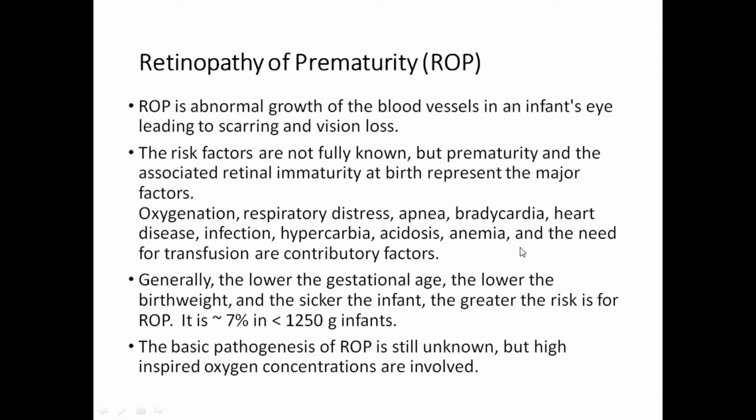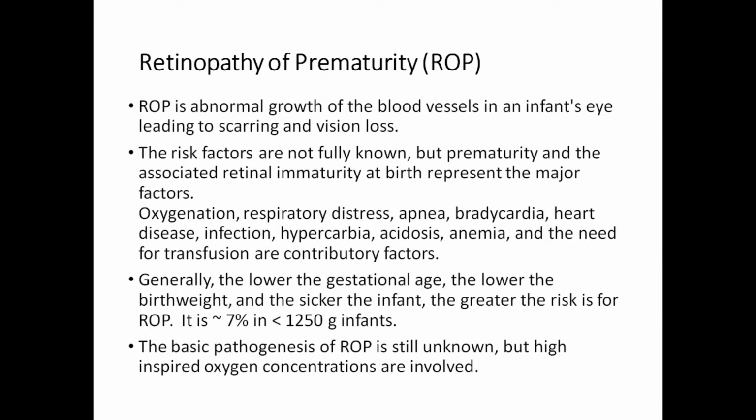Generally, the lower the gestational age, the lower the birth weight, and the sicker the infant, the greater the risk for ROP. It is about 7% in infants of about 1.25 kilos.